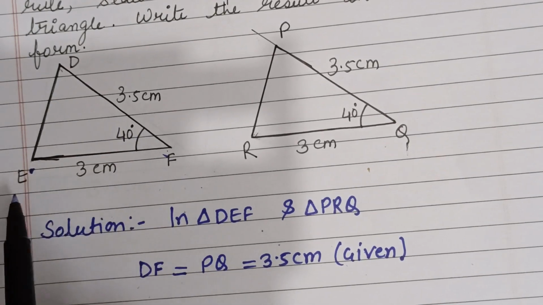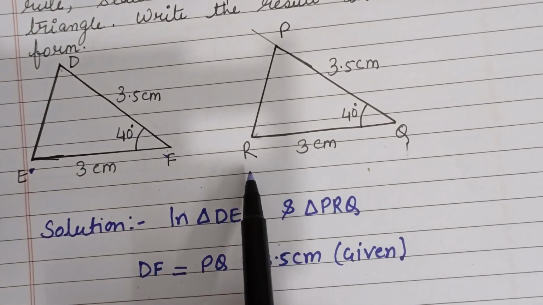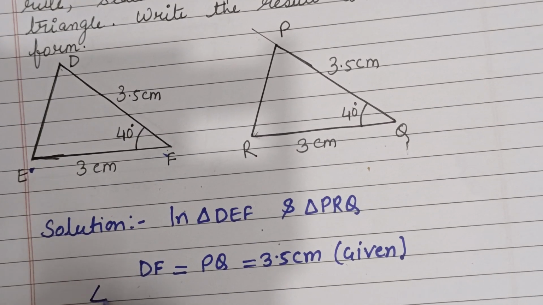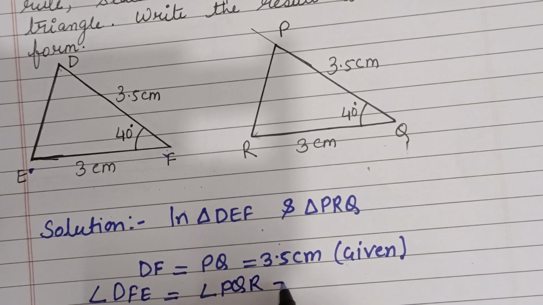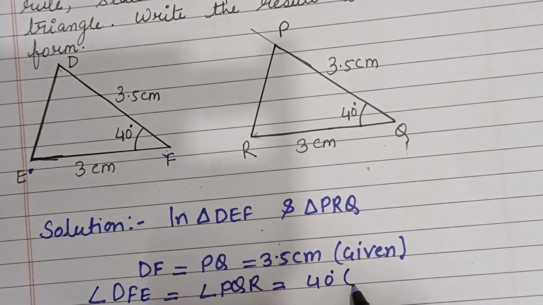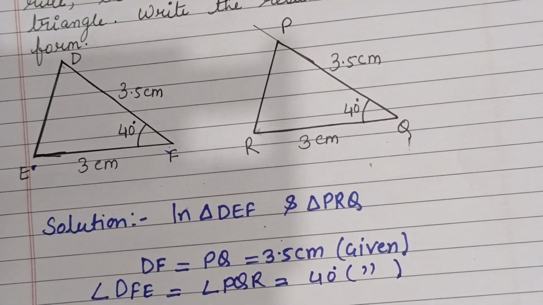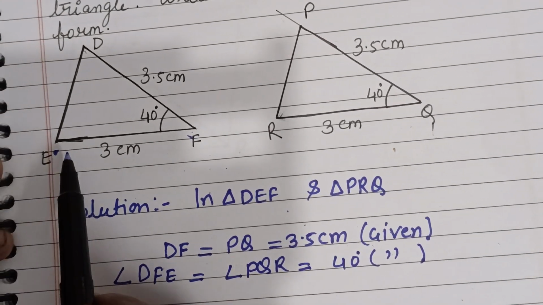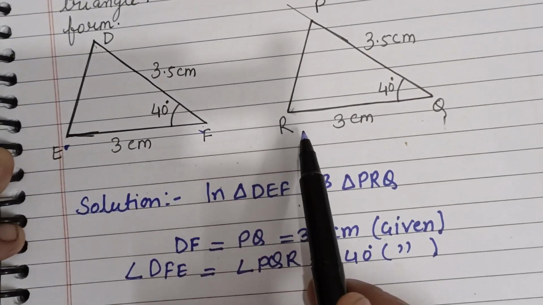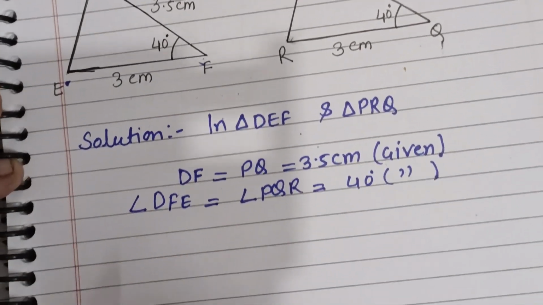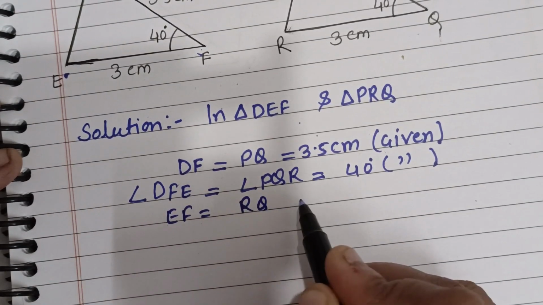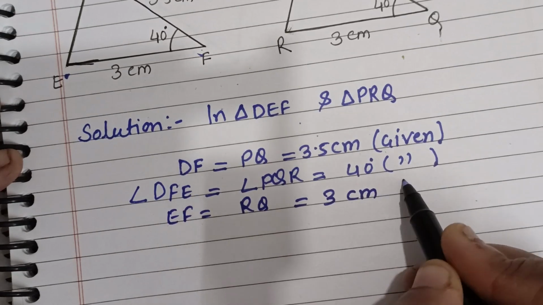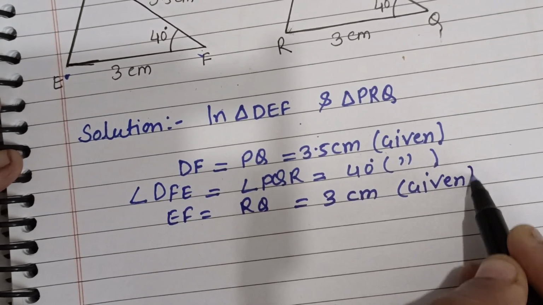This angle DFE and angle PQR are also equal. So write down angle DFE equals angle PQR equals 40 degree. It is also given. Now what is the third pair? We can see EF is equal to RQ. So we will write EF equals RQ, which is 3 centimeter, and it is also given to us.